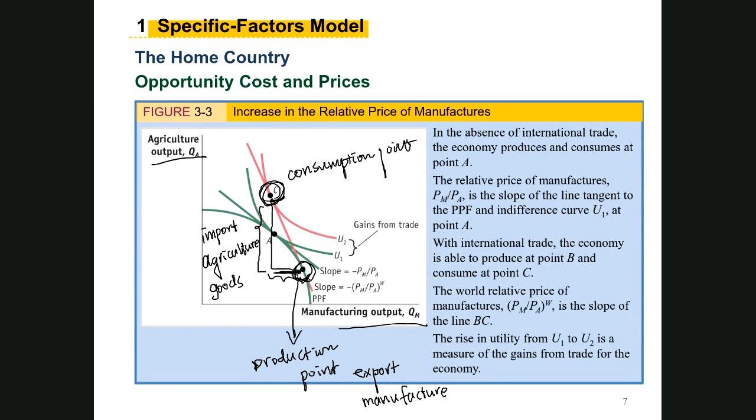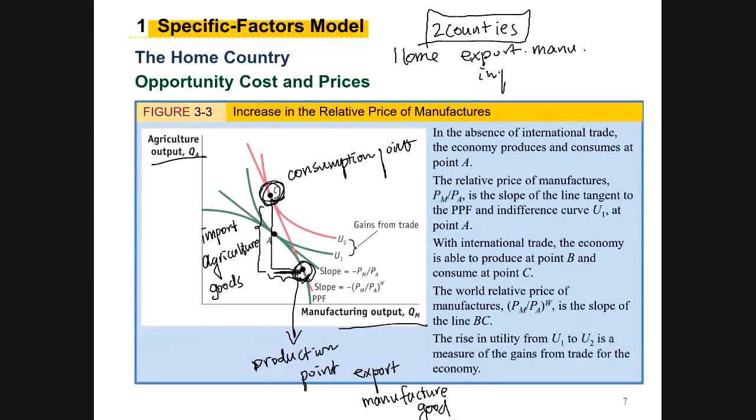Okay, so in the two-country model, one of the things you could be sure of is what? If the home country exports manufacturing goods, it imports agricultural goods. What about the foreign country? Do you need to draw the production frontier once again?